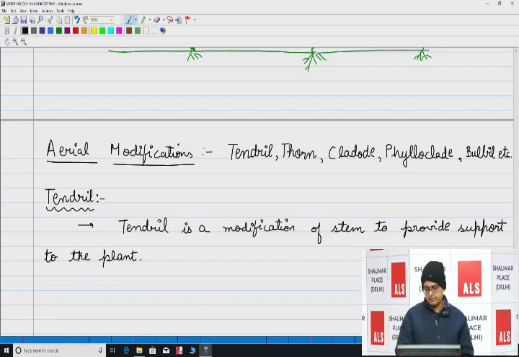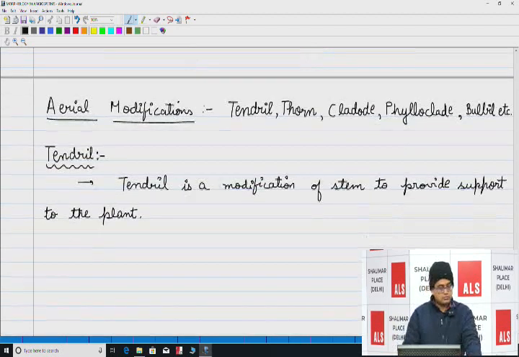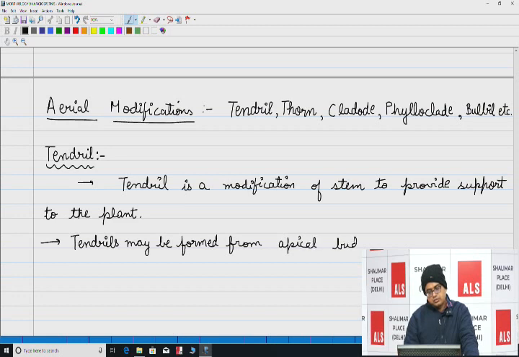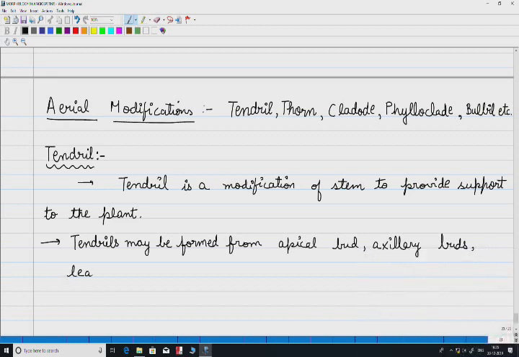So let us take down tendrils. Tendrils may be formed from apical bud, axillary buds, leaf, etc. So accordingly we call it leaf tendril.